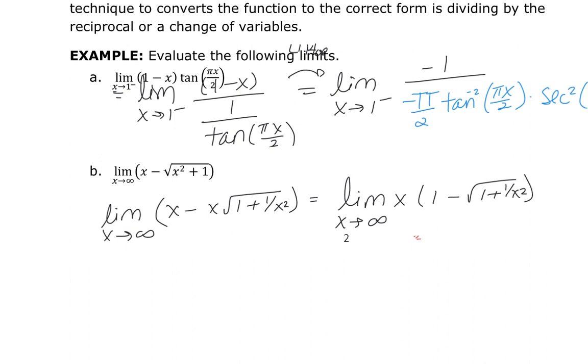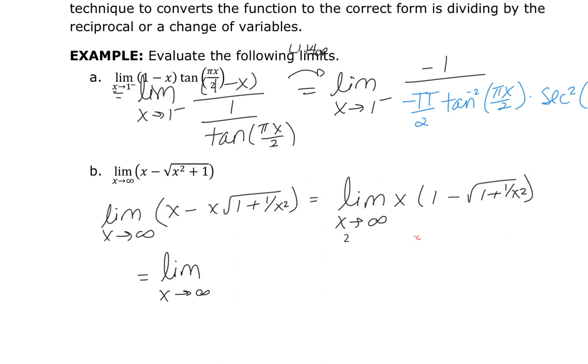Now as x goes to infinity, this will go to 0. And so I'll have 1 minus 1, which is 0. So I have 0 times this infinity. So we know what we're going to want to do then is rewrite this as the limit as x approaches infinity, and hopefully get the one that is the least amount of work in the denominator.